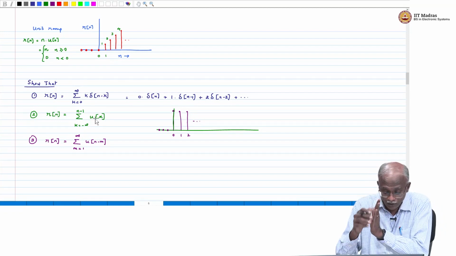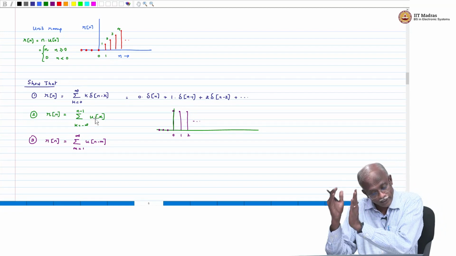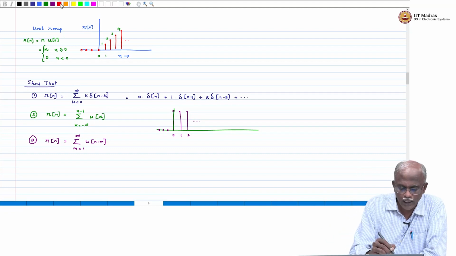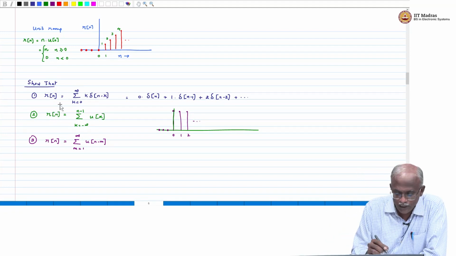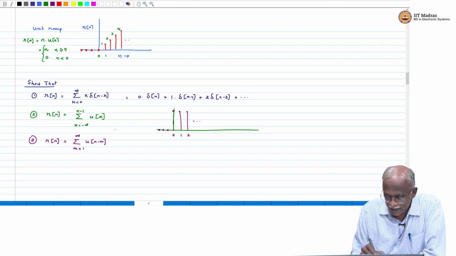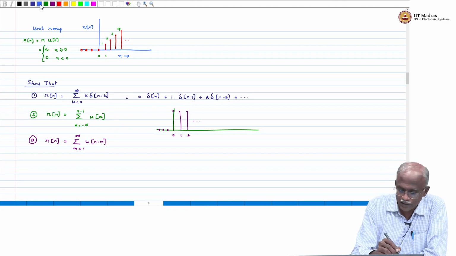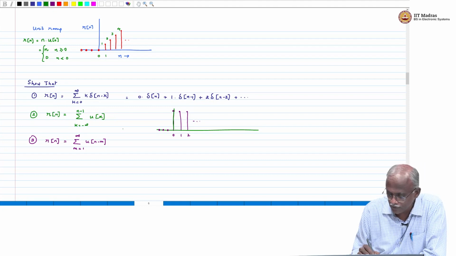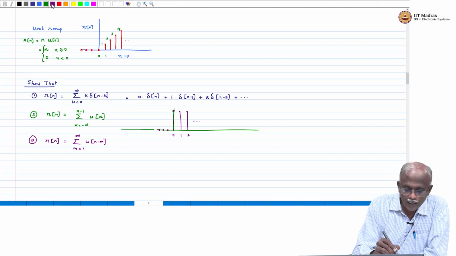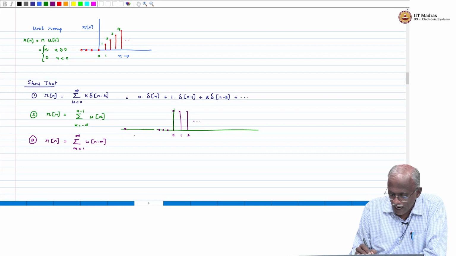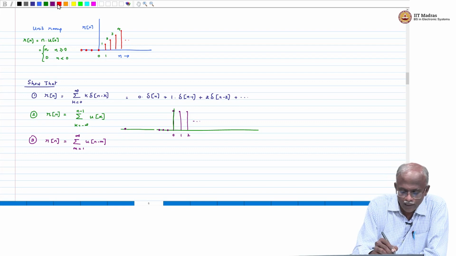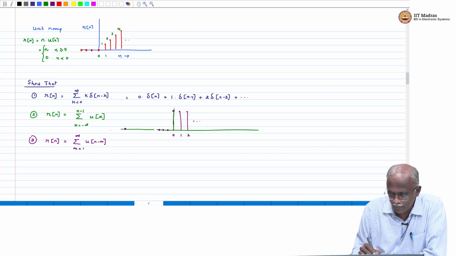Wherever the argument is equal to 0 or greater than 0, you will get a value equal to 1. So, R of 0 basically starts at minus infinity, and keeps summing all the values up until n minus 1.